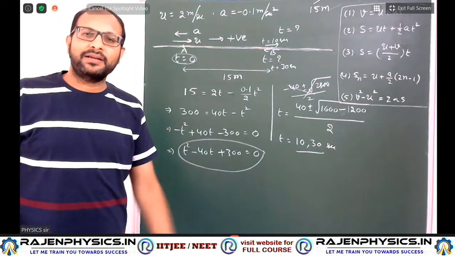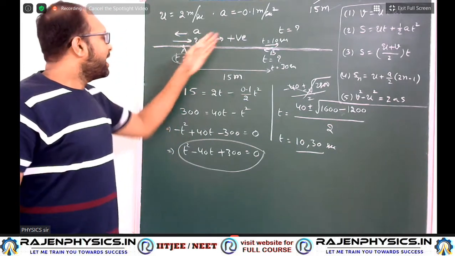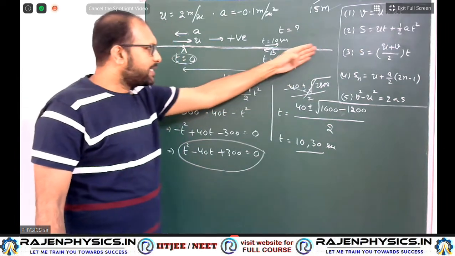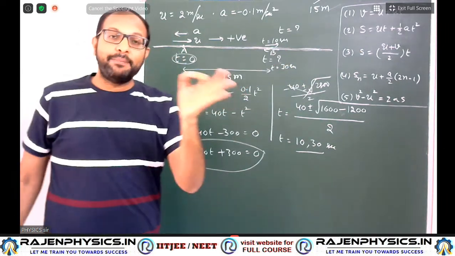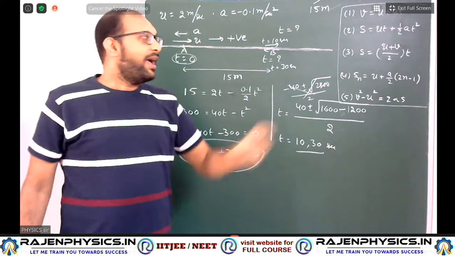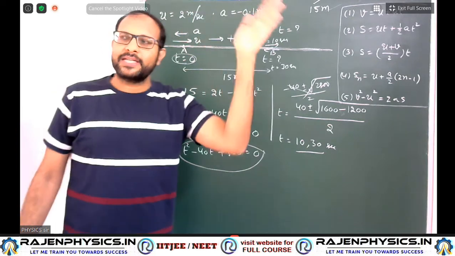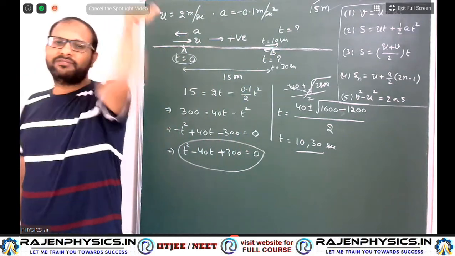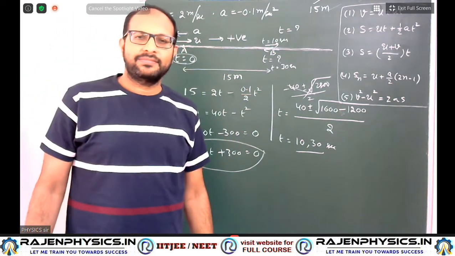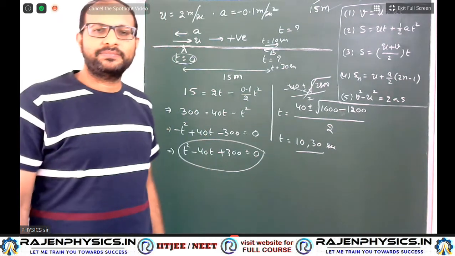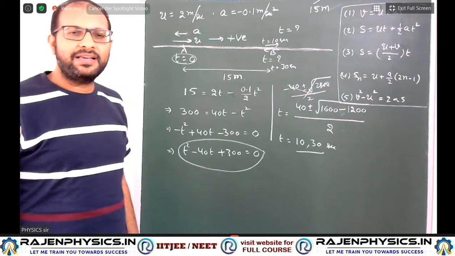Why no stopping? Because once here the journey stopped and started the backward journey. In the backward journey, acceleration is already there, velocity also there. That's why it continuously moves backward. Once velocity and acceleration are in the same direction, body never stops.